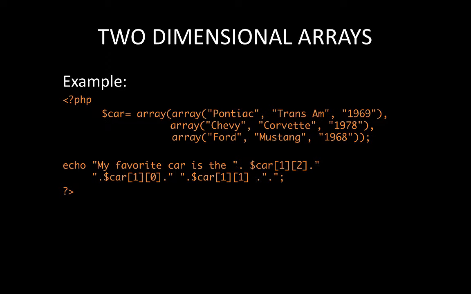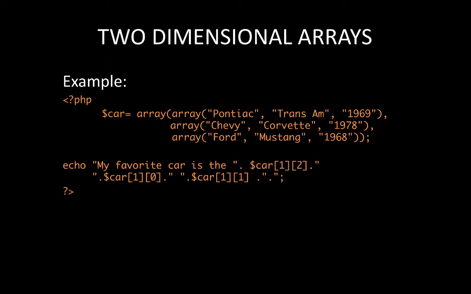And then we close the parenthesis and put a comma, and this is what separates our arrays. Then the second one is array Chevy, Corvette, 1978. At the very end, you can see that there looks to be a double set of closing parentheses, but that's because we have to close the parentheses after the first word array that's containing all of these arrays, as well as the one for that last Ford Mustang array.